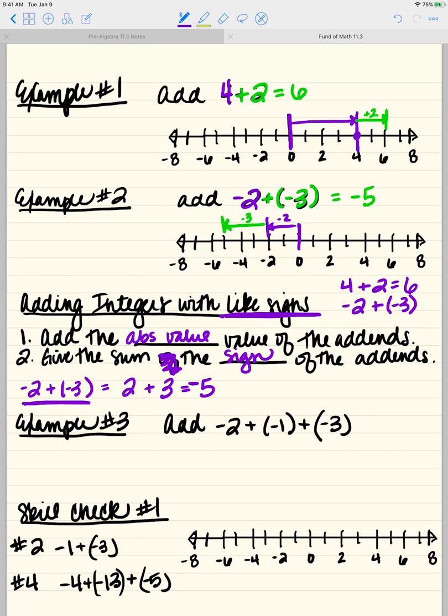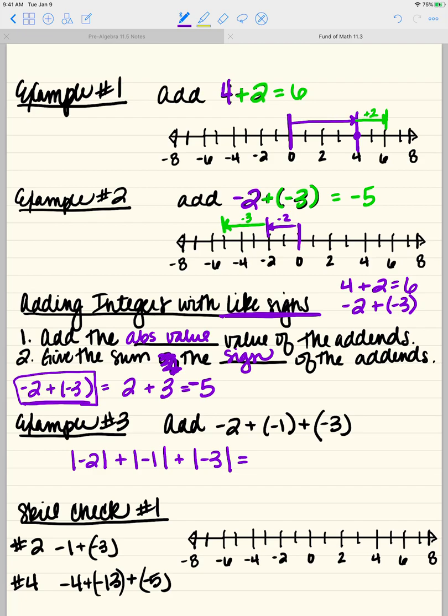This applies only because our integers have like signs. So if you have two negative numbers, you simply add together their absolute values and give them the negative sign. So example number 3 says add -2 plus -1 plus -3. So we're going to take the absolute value of all of those.